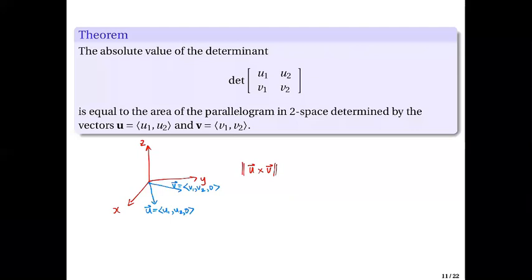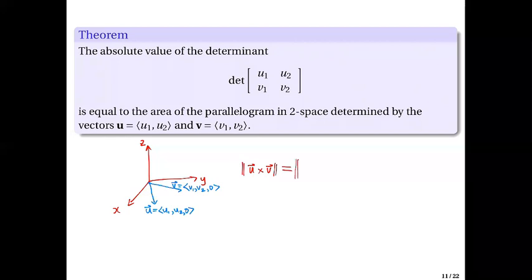That's the area of the parallelogram in three space. But what is this? You already have u and v. So how do we get the cross product?